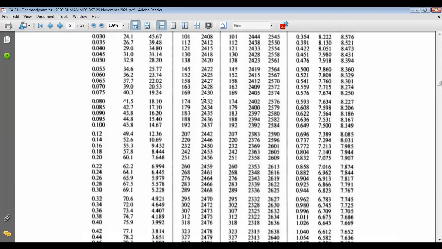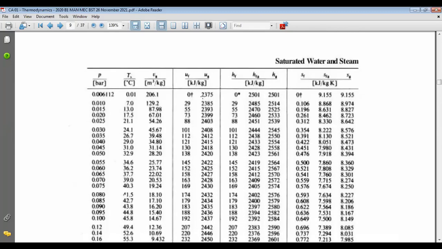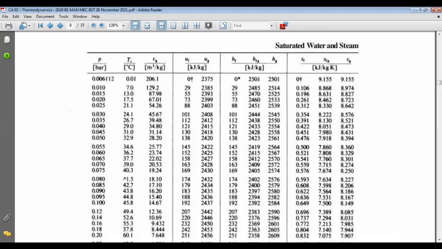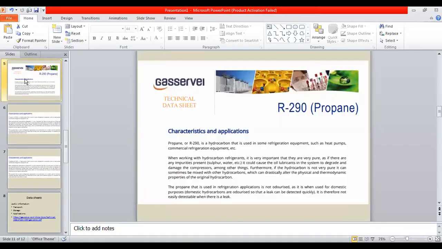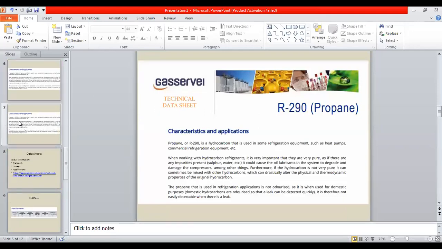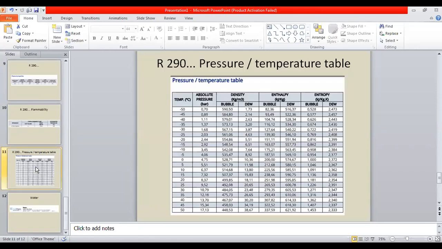So this is what you call the steam table. But you should feel that the steam table is something: technical specifications, or technical data sheets. See, a technical data sheet for your technology application.